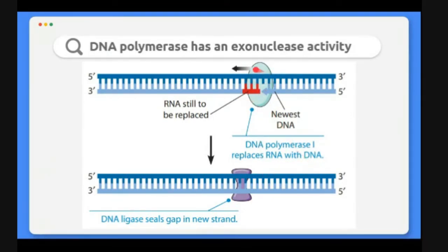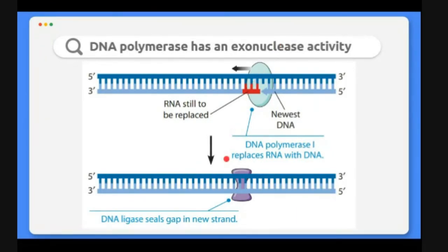So in your lagging strand, right, again, you have multiple primers because your DNA is synthesized in segments. So itong primers na to, tinatanggal to ng DNA polymerase mo via exonuclease activity. And exonuclease activity again is removal of those spaces. So itong exonuclease activity, i-discuss natin to in depth sa lecture 3.